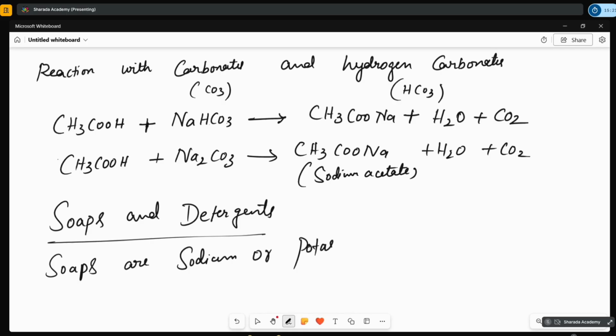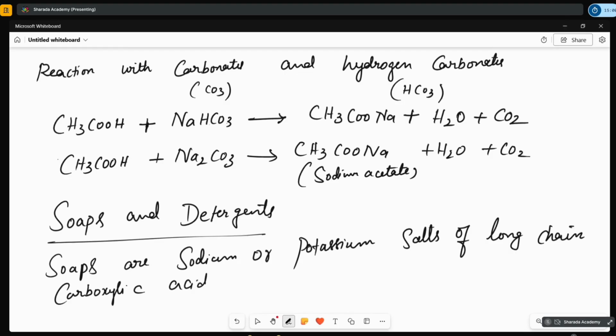Write down this: potassium salts of long carbon chain. Don't talk, write down long chain carboxylic acid. General formula. Write this, I will explain.